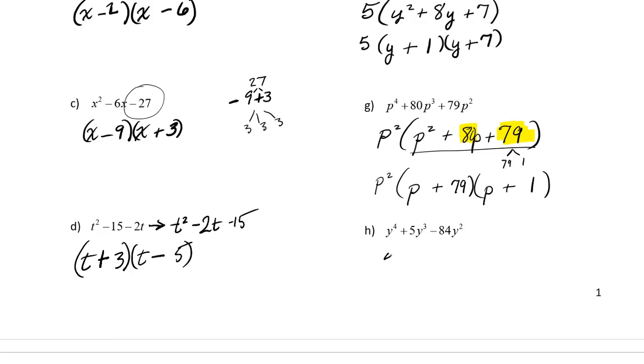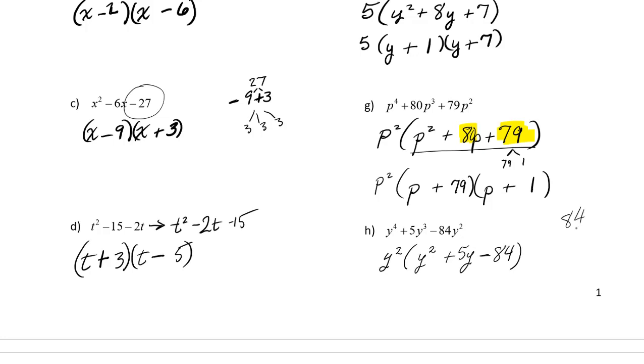We have y to the fourth plus 5y to the third minus 84y to the second. My common factor is y to the second, and when I factor out y to the second, I get y to the second plus 5y minus 84.